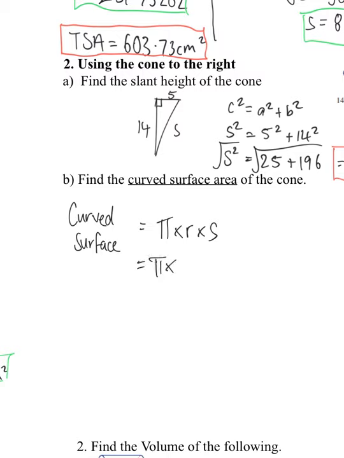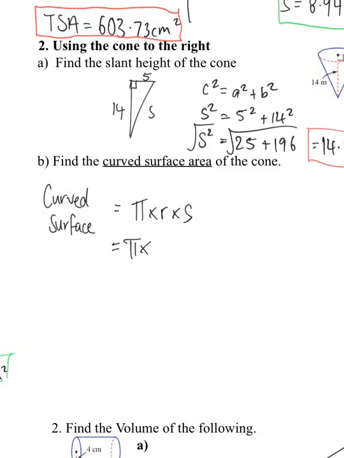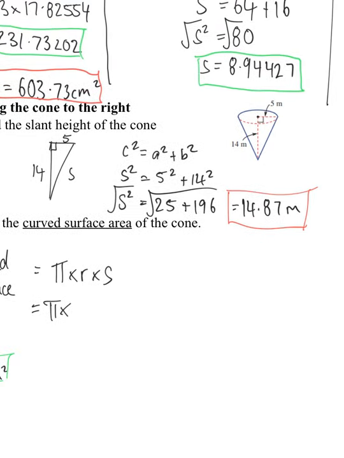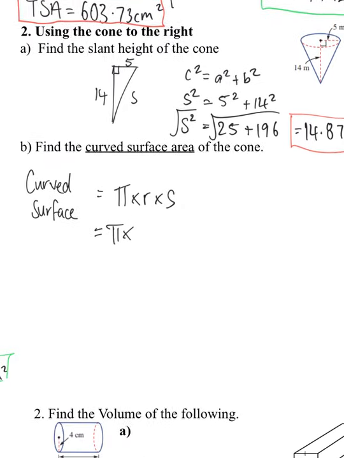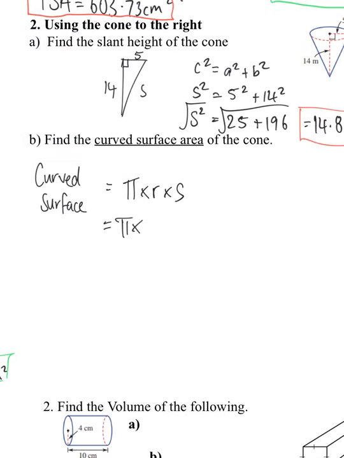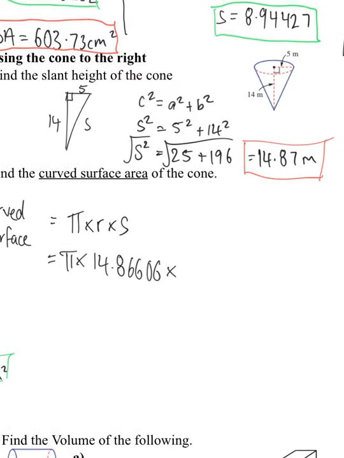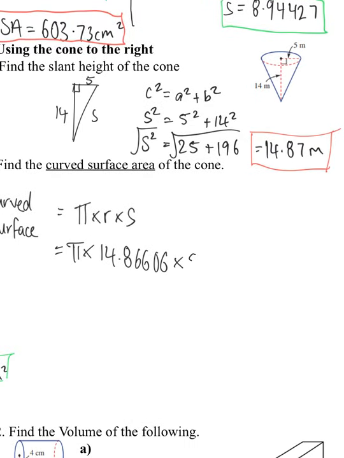Cool, so that's going to be pi times a slant height of 14.86. Maybe I should add some decimals. I won't use the rounded answer, just to be super duper sure. 14.86 will be enough. Times our radius was 5. And that'll get us the curved surface area.